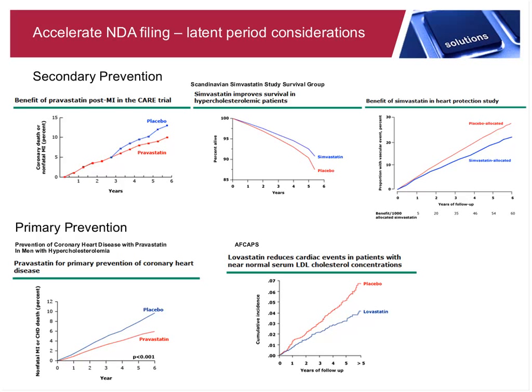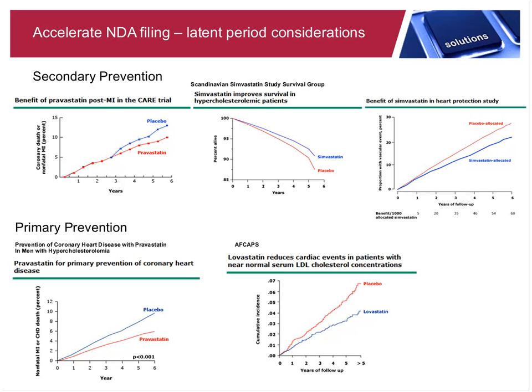Then we look at the Scandinavian Simvastatin Survival Study group, which is the middle panel on the top, and you see that there is a separation, probably about 1.5 years, maybe 1 year. And then on the top right, the benefit of simvastatin in the Heart Protection Study, you can see that there is a separation that appears to occur about 1.5 years into the treatment period.